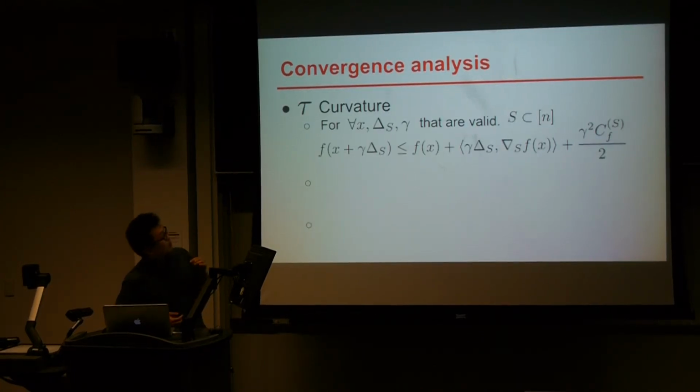So what is the curvature tau in the first place? It is very similar to the gradient Lipschitz constant, but slightly stronger.